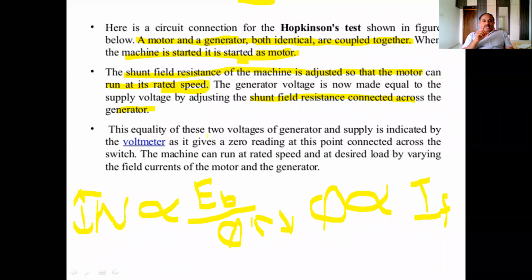Now the generator field rheostat is adjusted, because both machines are shunt machines. The generator voltage is made equal to the supply voltage by adjusting the shunt field resistance across the generator.